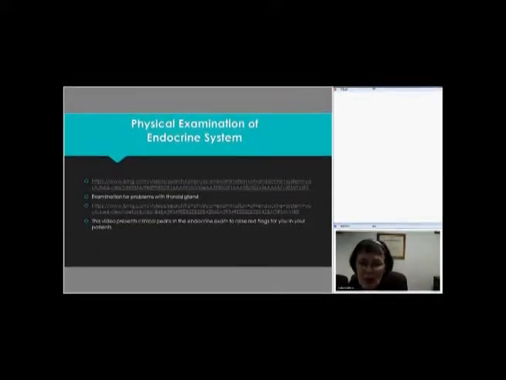So here are some links for you. The first one is examining a patient with problems with the thyroid gland. It goes into more than just the examination of the thyroid, which you should be doing if you're doing well child checks on children. If they're 3 and older, you should be doing the thyroid gland check.